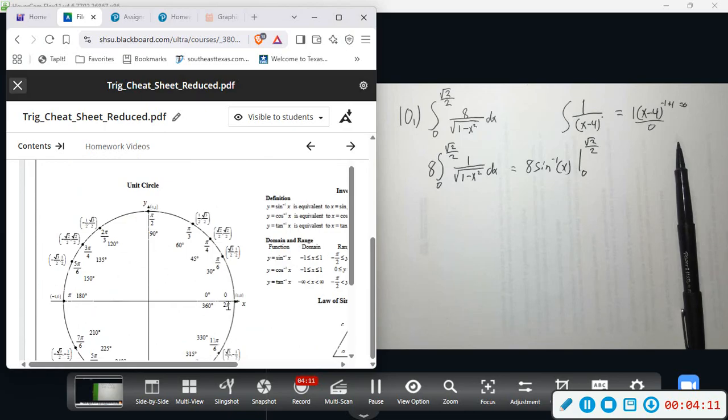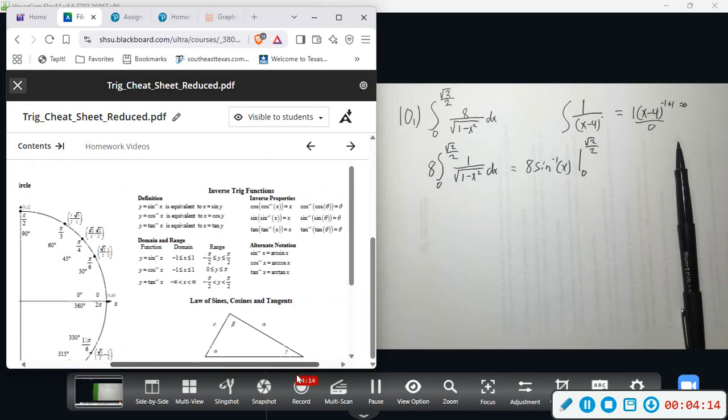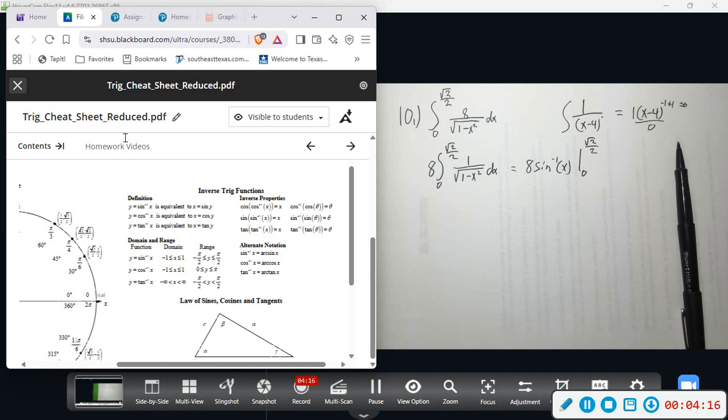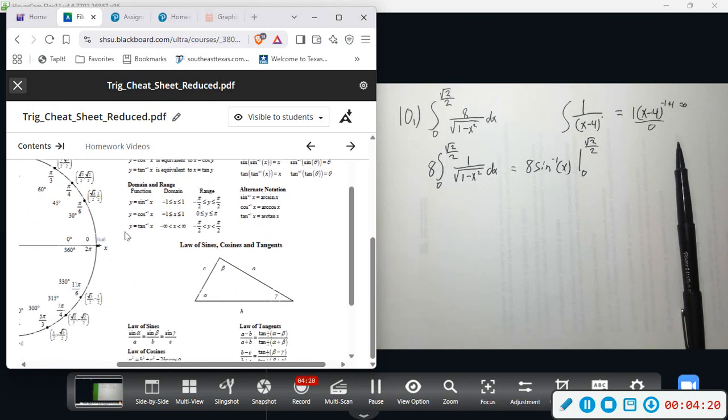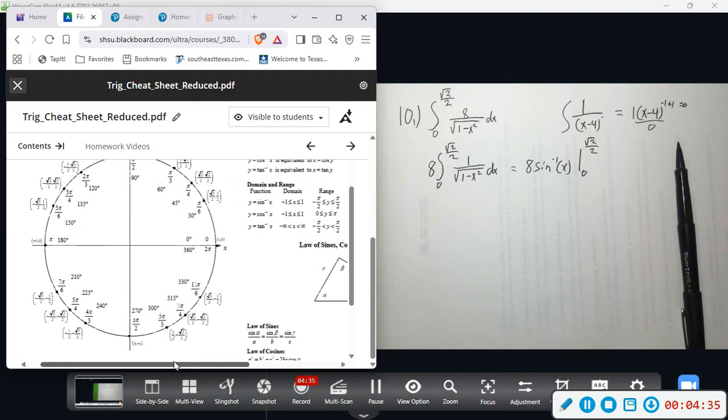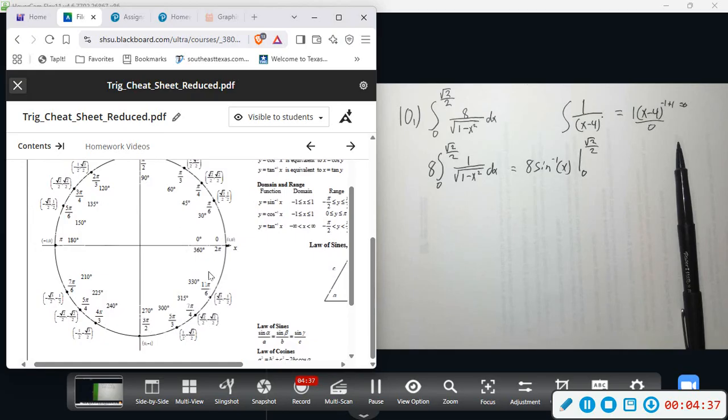All right, so up here, sine is equivalent to the y. And then right here it tells you inverse sine is restricted from negative 1 to 1. The range is pi half to negative pi half. So that is restricting us to the front half of the unit circle.